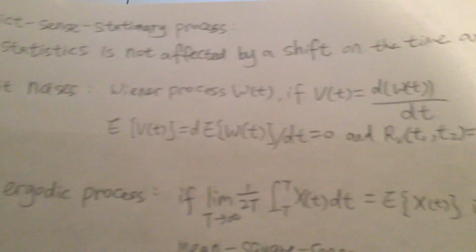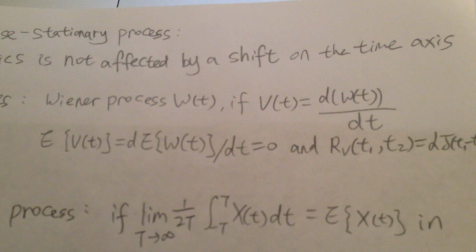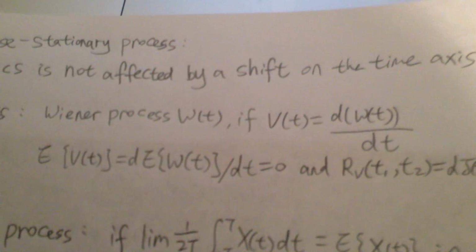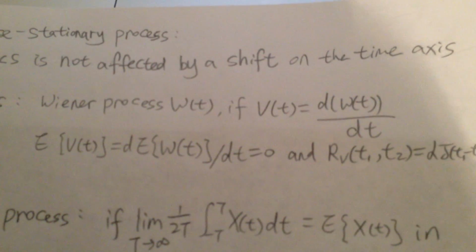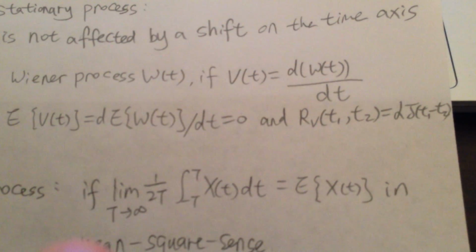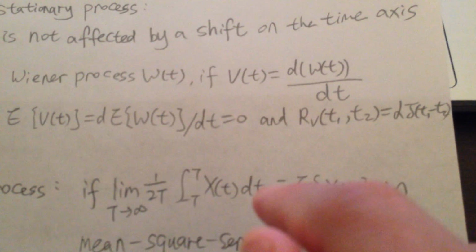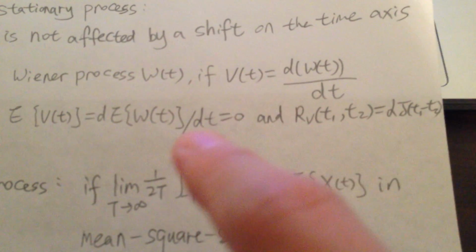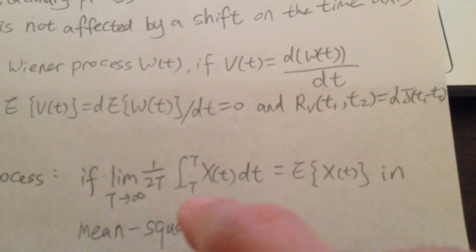When a process W(t) does have a derivative, we use Y(t) equals dW(t) divided by dt, just as a notation.